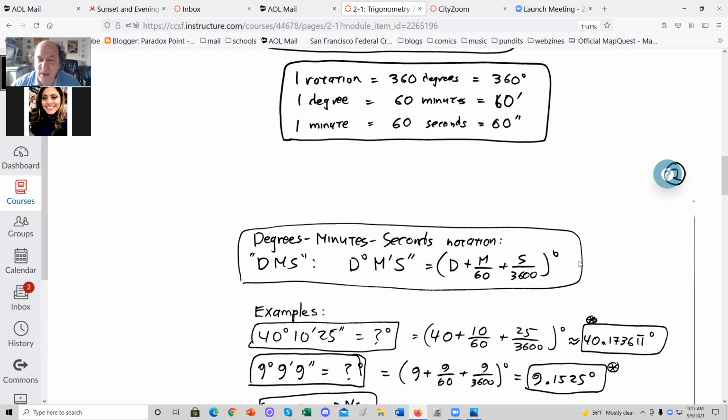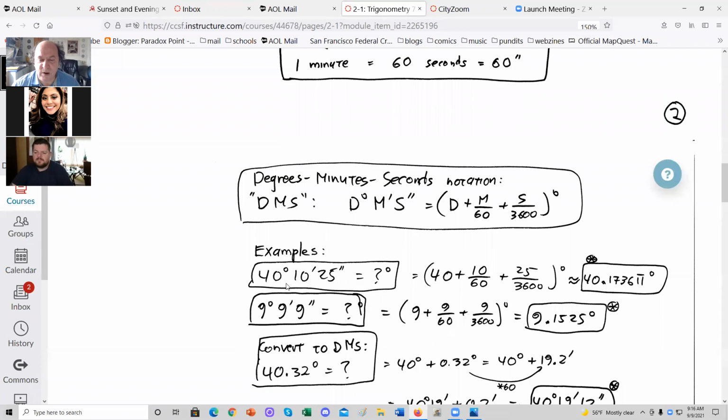Now, from these we derive what's called the degrees, minutes, seconds notation, DMS. D degrees, M minutes, S seconds is D plus M over 60 plus S over 3600 of a degree. So we can change DMS notation into decimal degree notation.